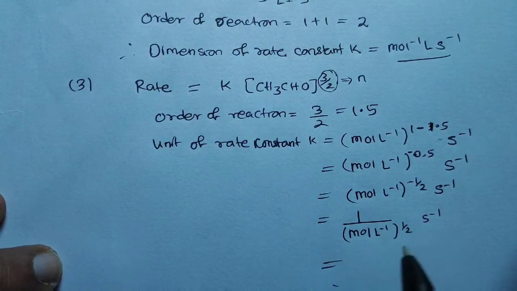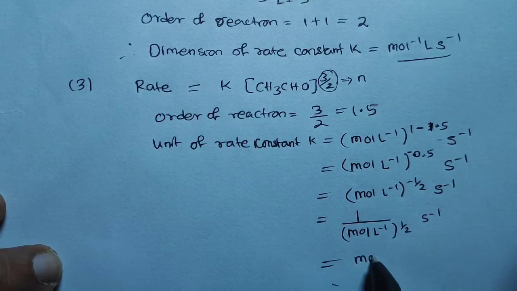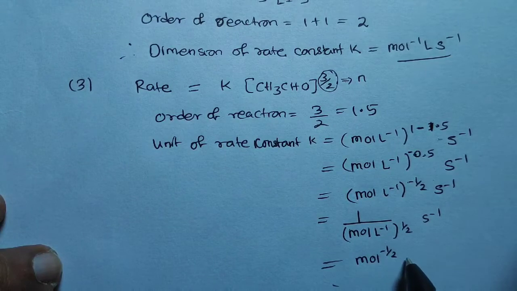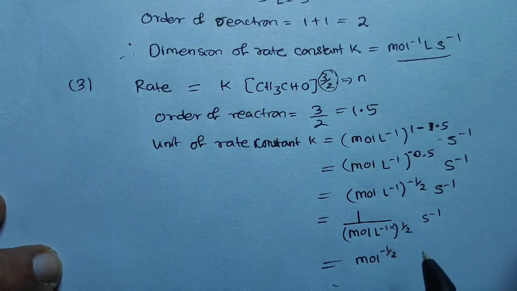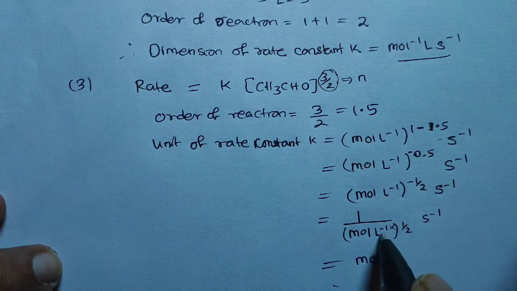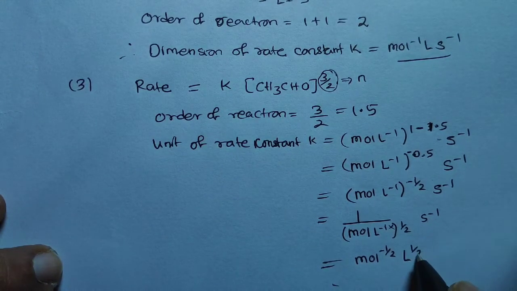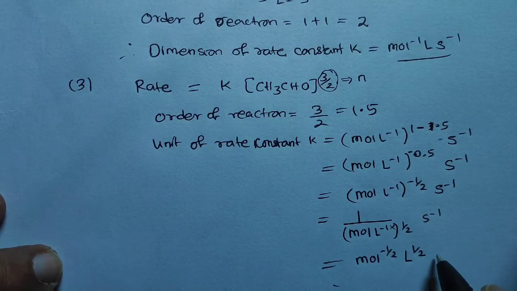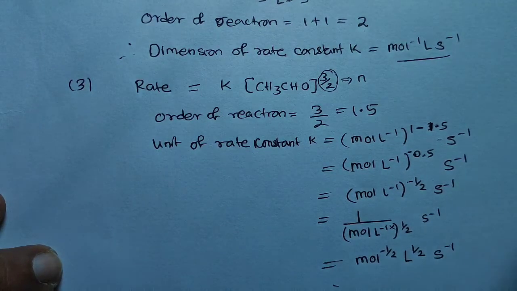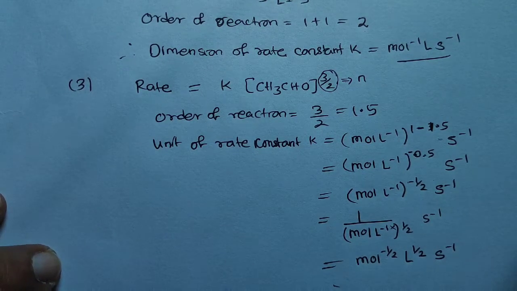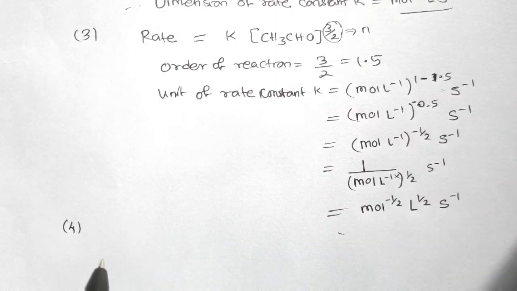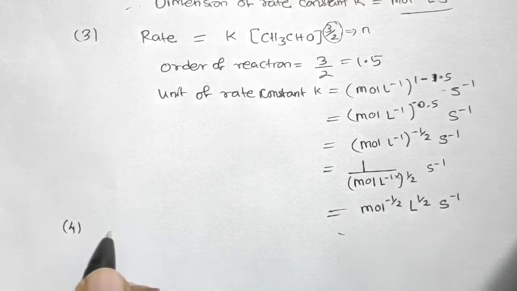Now if I take this on top, it will be mol^(−1/2) L^(1/2) s⁻¹, since the minus sign goes up and becomes plus. Understood?